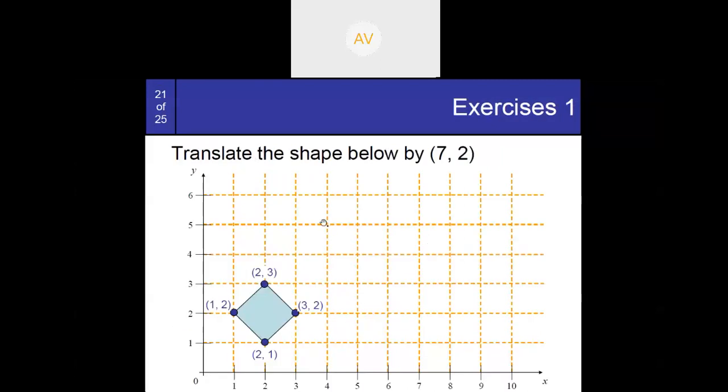So these are some examples you have to practice at home. Translate the shape below. The coordinates are there, 1 2 3 4. You have to use the translation matrix on the original value of each point and multiply it, and you will get the new value of that point. You mark it over here.